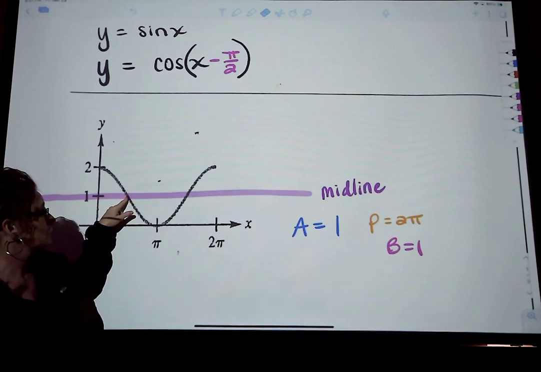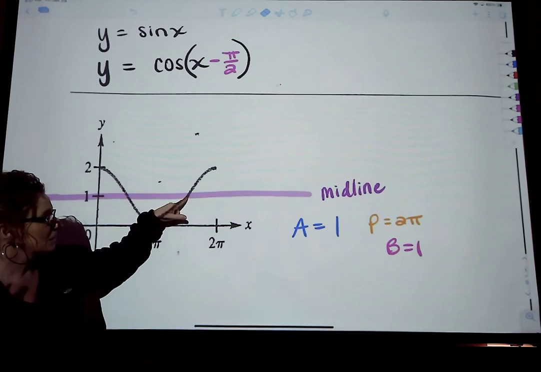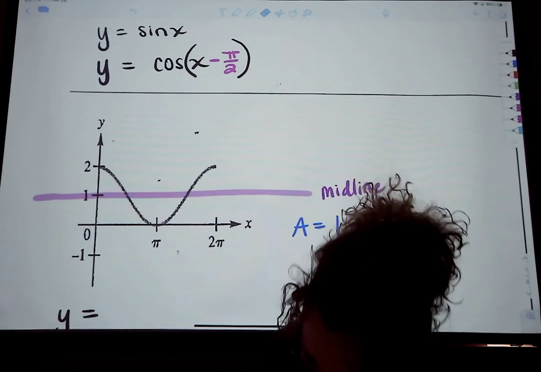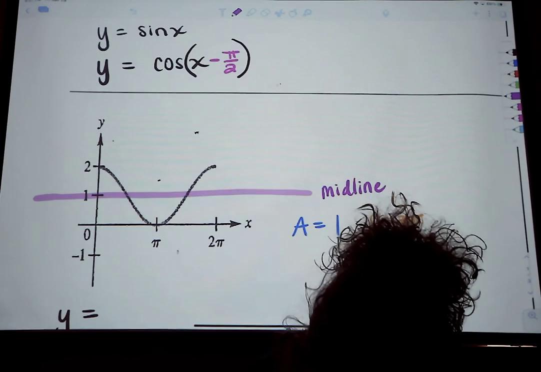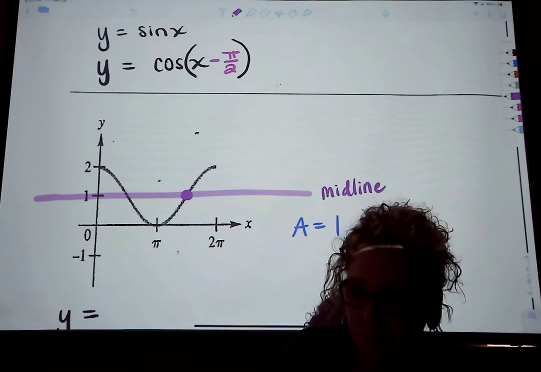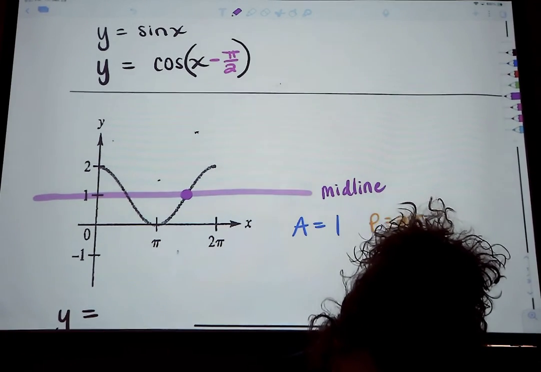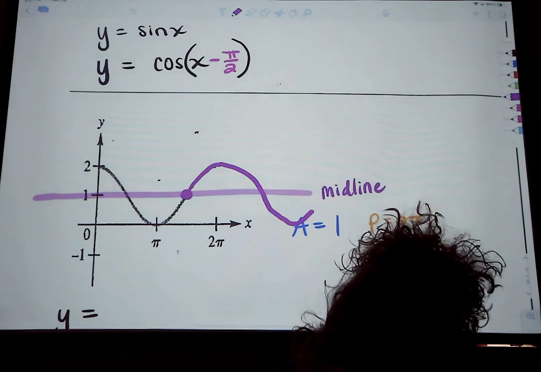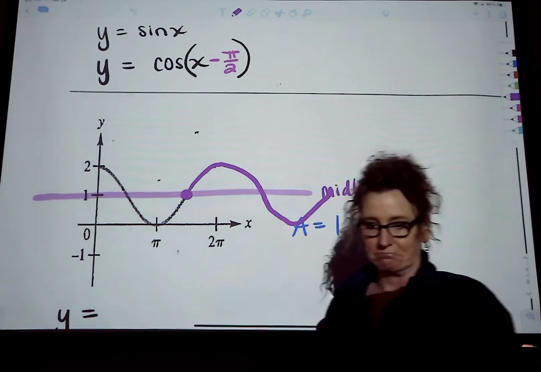Well, here it touches, but it heads down. Here it touches, but it heads up. So you could say that you see your sine graph start here. Ready? Middle, up 1, middle, down 1, middle. It's a sine graph.